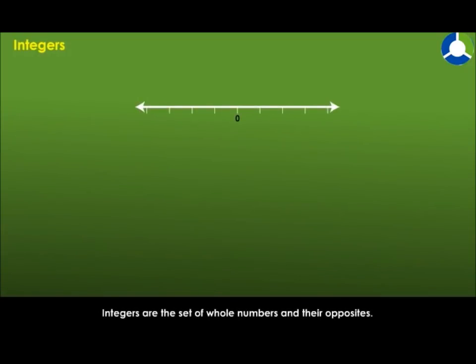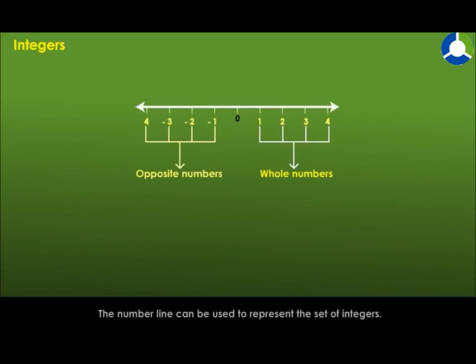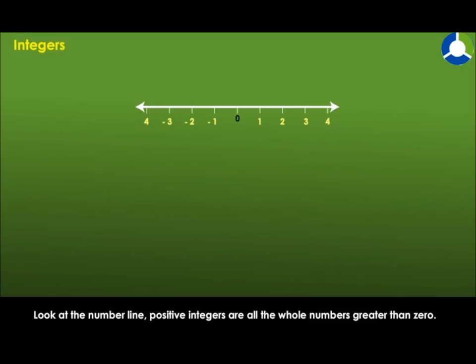Integers. Integers are the set of whole numbers and their opposites. The number line can be used to represent the set of integers. Look at the number line.